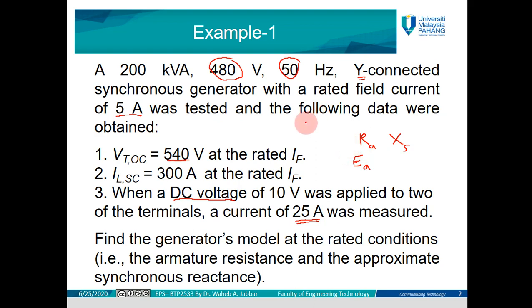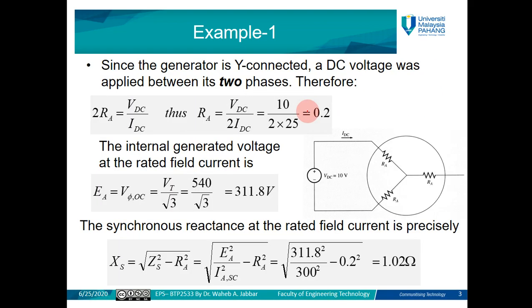We can see in the solution that the first test we conduct is the DC test. The test is conducted by connecting a 10 volt DC to two terminals of the generator. Here we have two terminals connected, while the third terminal is open. No current will go through RA in this part, because this terminal is open.